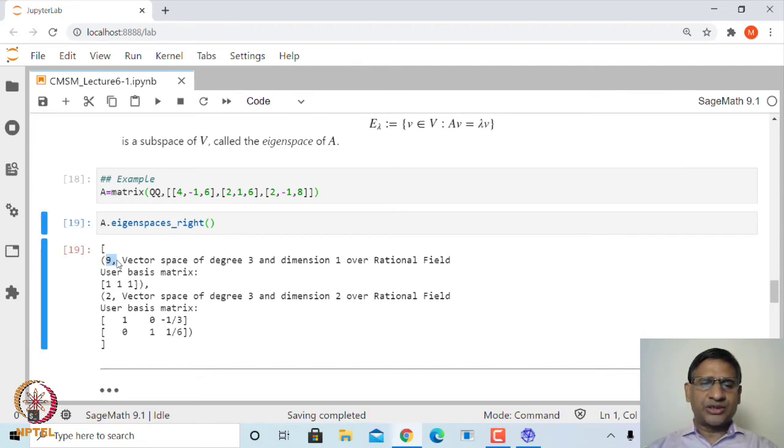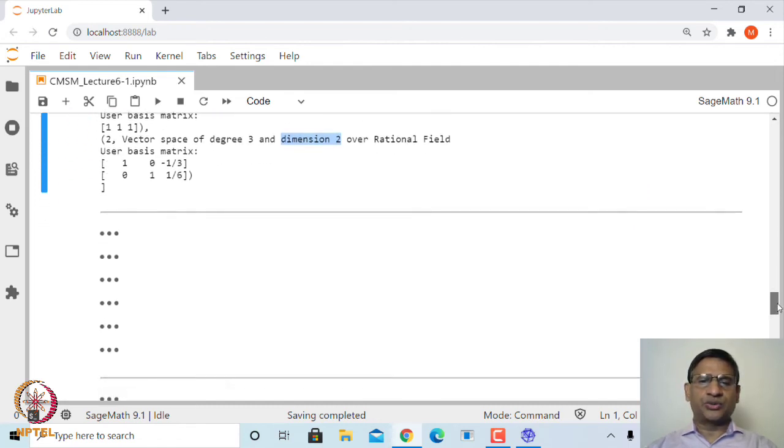Corresponding to 9 there is only one eigenvector, which is 1 1 1, and therefore the dimension of this eigenspace is 1, whereas corresponding to eigenvalue 2, the eigenspace is spanned by these two vectors, called the basis of this eigenspace, and it has dimension 2. So, E lambda for lambda equal to 2 is 2 dimensional, whereas E lambda for lambda equal to 9 is 1 dimensional. Of course, you can also compute this manually, but SAGE has an inbuilt function to find this.